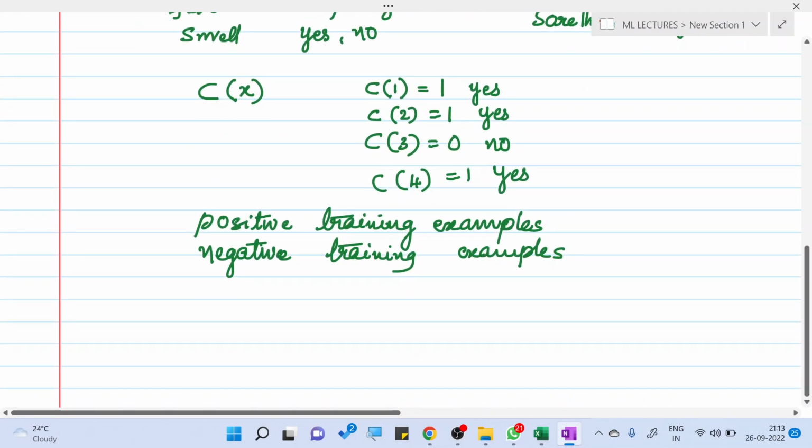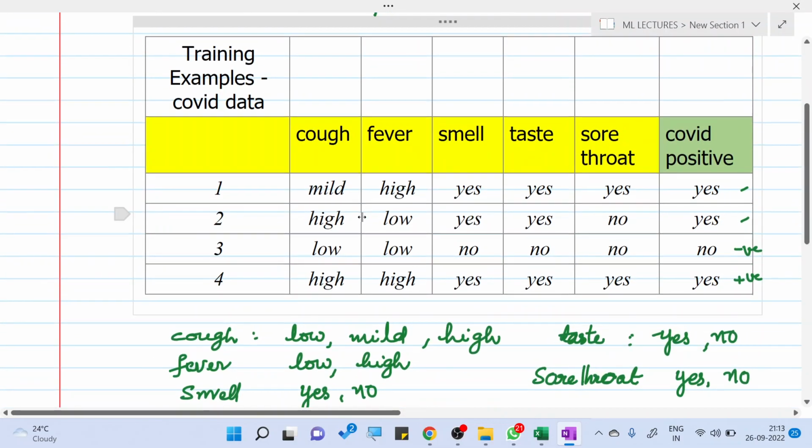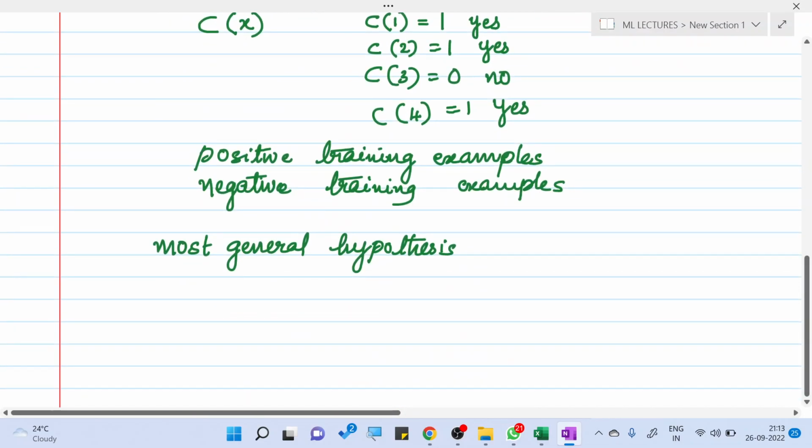Before that, let me introduce the most general hypothesis. That means given any symptoms, the person is affected with COVID, whether temperature is low or high, whether cough is low or mild or high, whether smell is yes or no, taste is yes or no, whatever may be the value, he will be COVID positive.